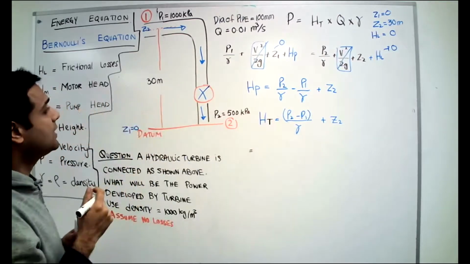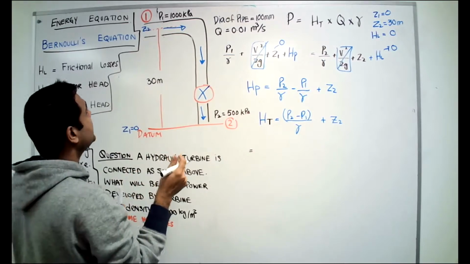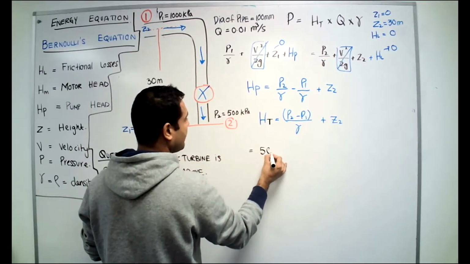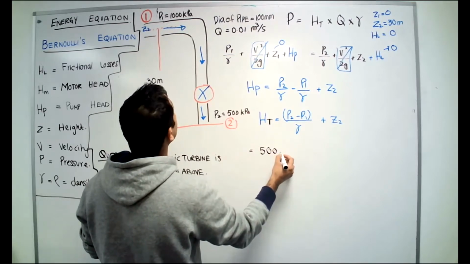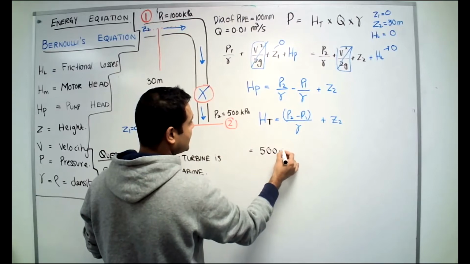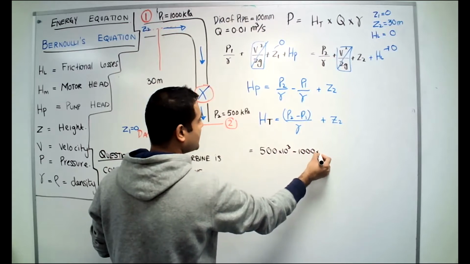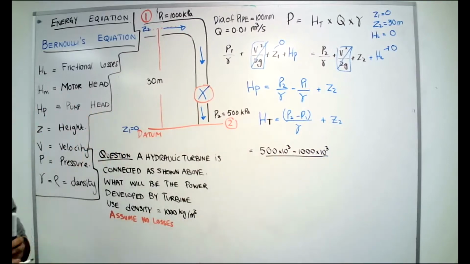The values we are putting in are in kilo, so we need to convert that into normal units. So P2 is 500 kilo, 500 times 10 to the 3, minus P1, over the density.